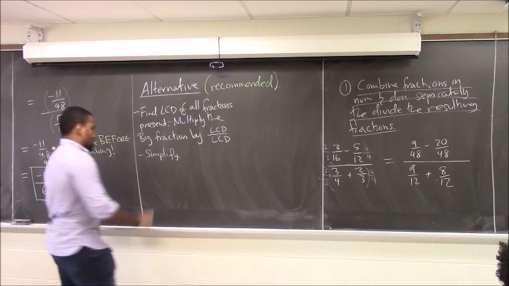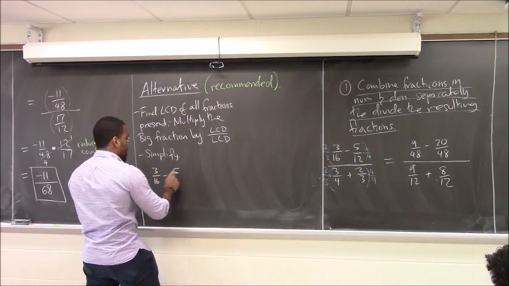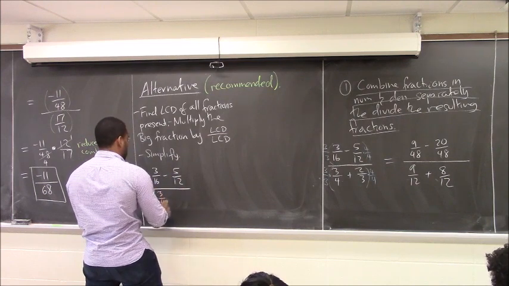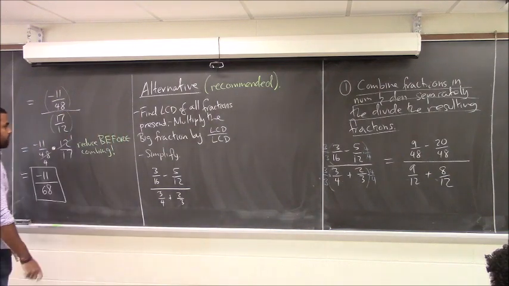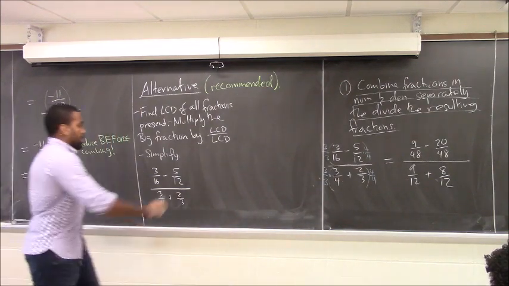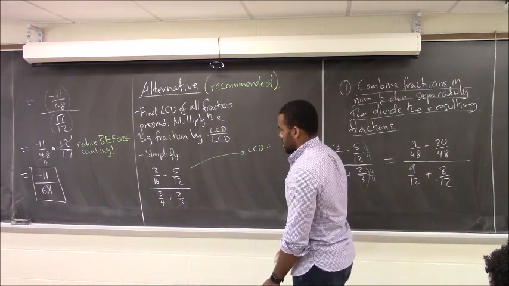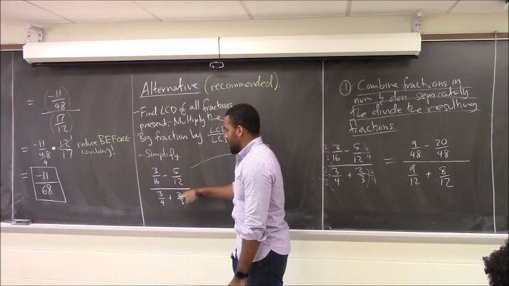So here's how that would look. Let's say 3 over 16 minus 5 over 12, all over 3 over 4 plus 2 over 3. Now what's the LCD of everything? So I'm looking for the LCD of 16, 12, 4, and 3.